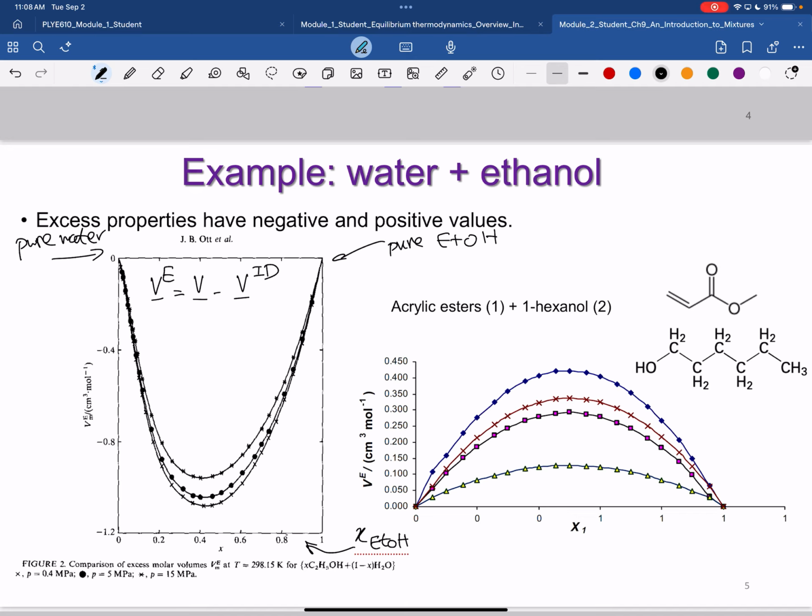So positive can also happen. The physical reason behind it is that maybe nanoscale phase segregation is happening, and these phases between component 1 and 2 basically repel each other. So that's the reason for the positive excess volume that we have.